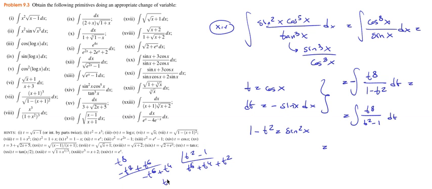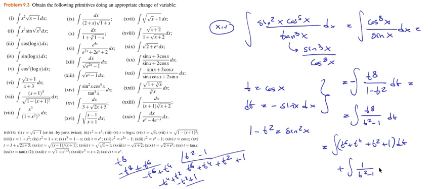You have t to the 4 minus t squared, plus t squared plus 1, so minus t squared plus 1. So this is the same as the primitive of t to the 6 plus t to the 4 plus t squared plus 1 dt plus the primitive of 1 over t squared minus 1.